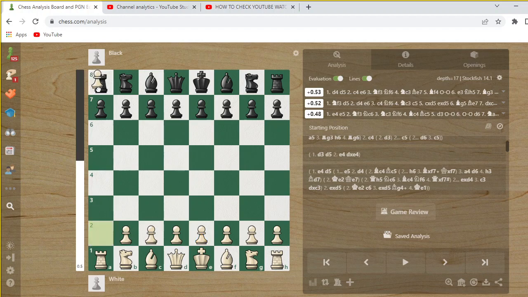So if this pawn were to reach the other side, then this pawn will become a queen.